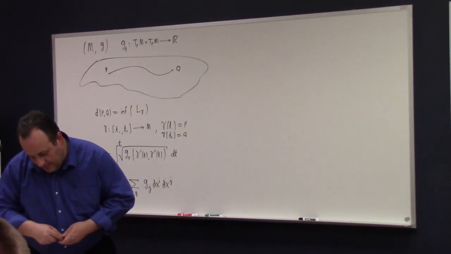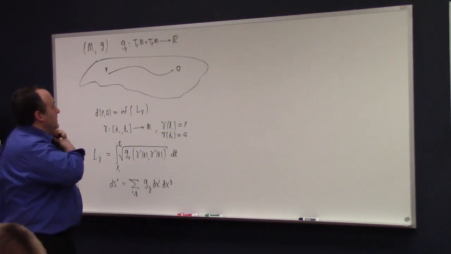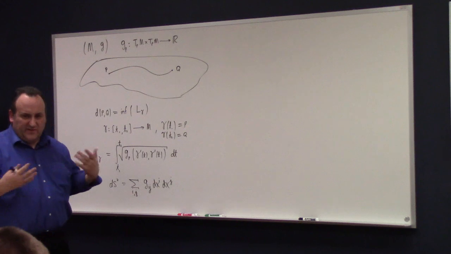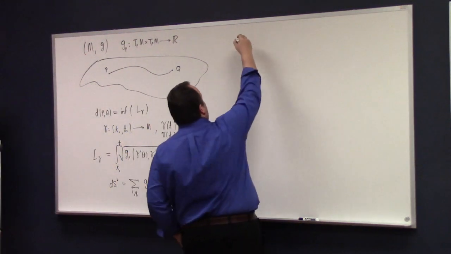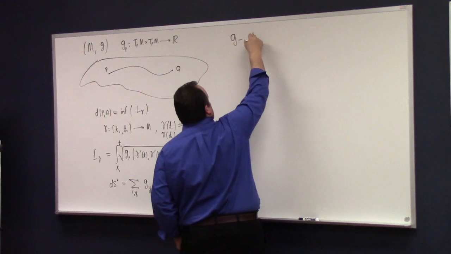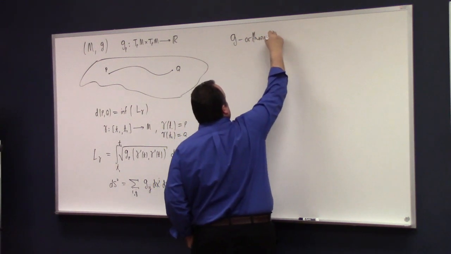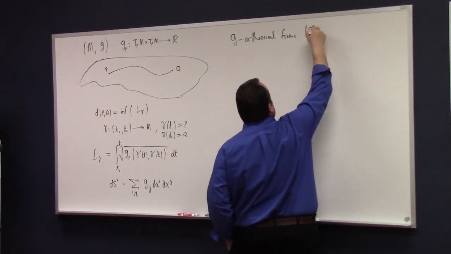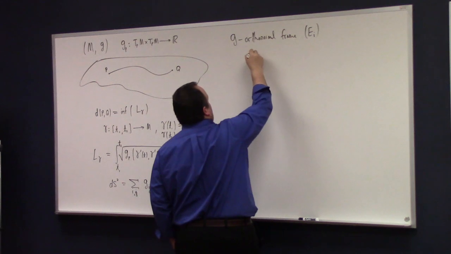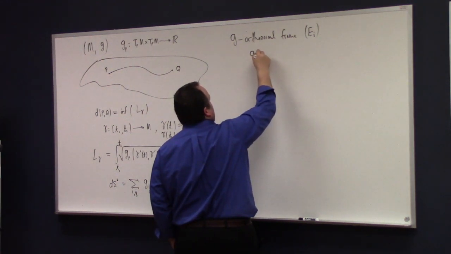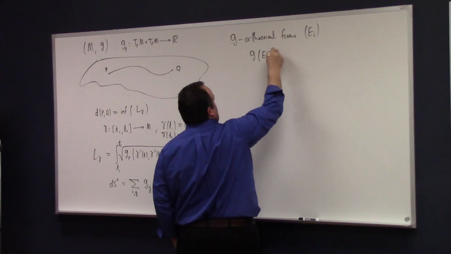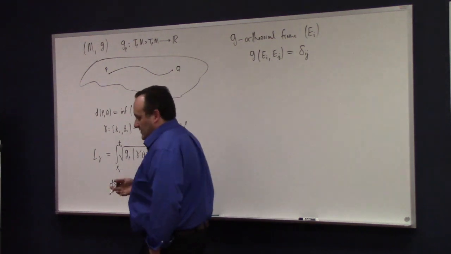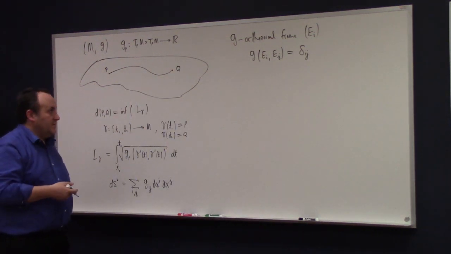That's great. I also mentioned that we can define an orthonormal frame, a G-orthonormal frame. If we're talking about e_i, the usual list of vectors, it would have the property that G of e_i, e_j is the Kronecker delta ij, so in that sense it's orthonormal.